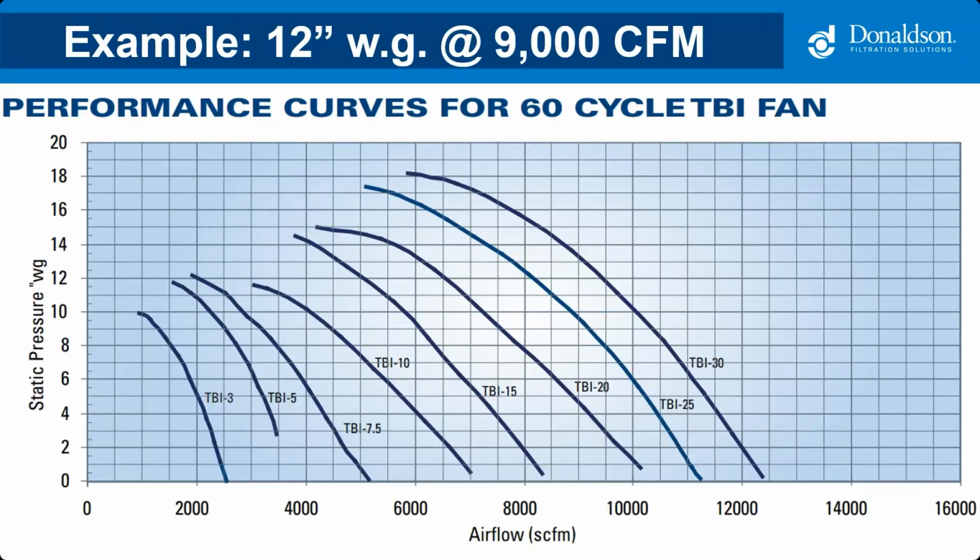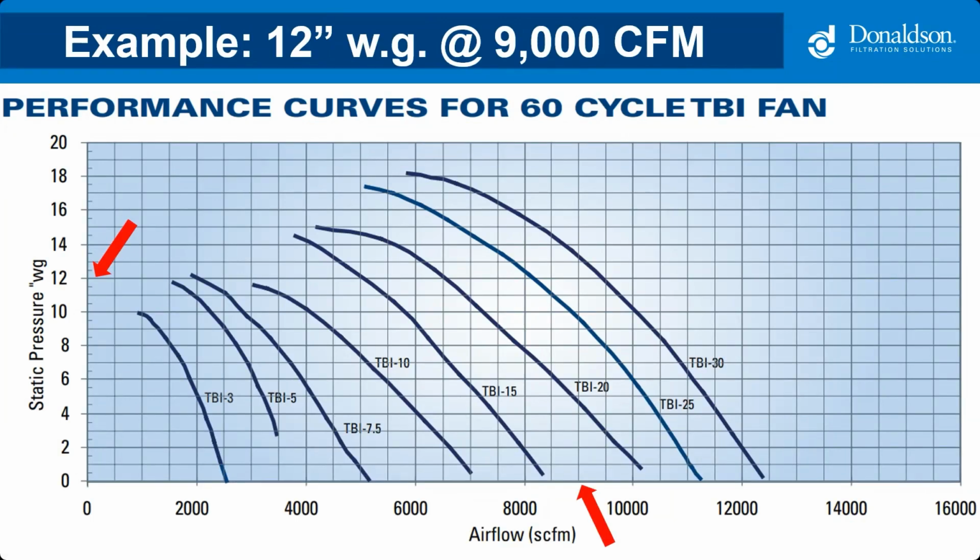Okay, so fans are sized based on the system's total static pressure and the required airflow. For example, let's say that I need to size a fan for this example, like I gave you earlier, 12 inches of water gauge and an airflow of 9,000 CFM. We use a system static pressure of 12 inches, as you can see there, and line it up with the airflow, 9,000 CFM.